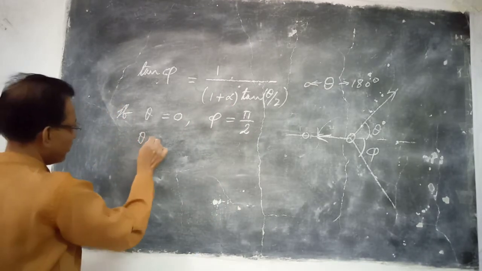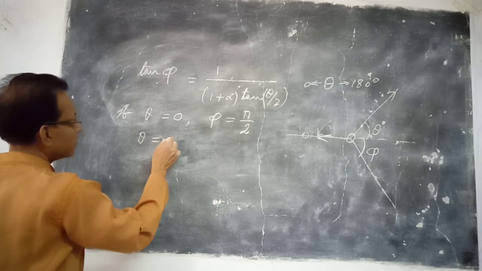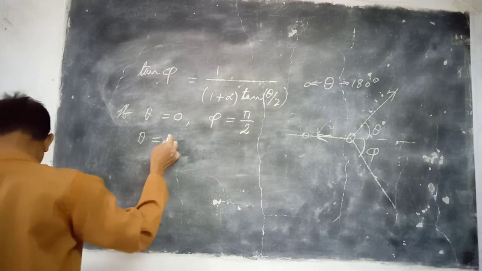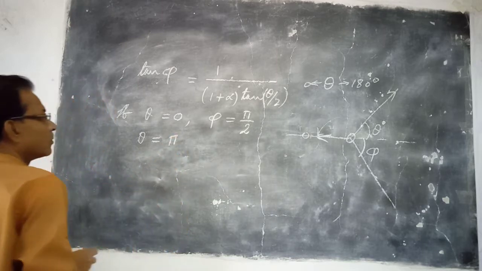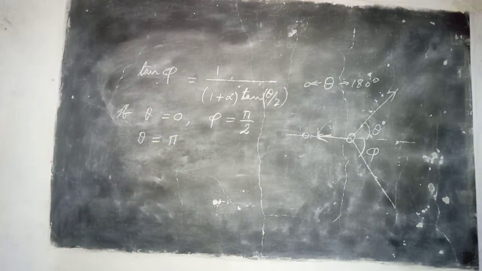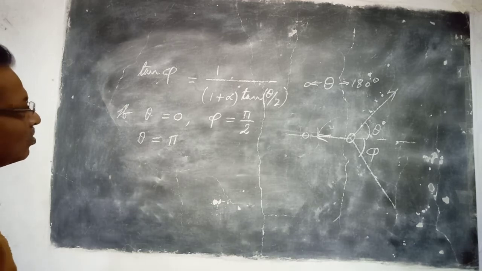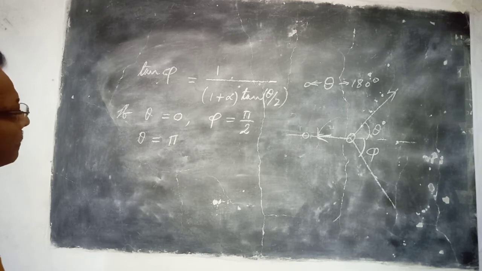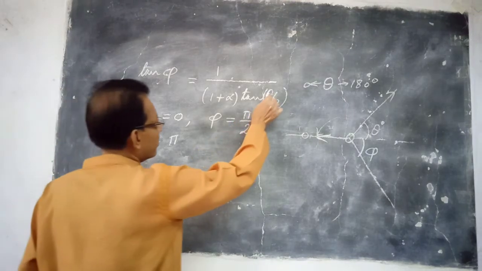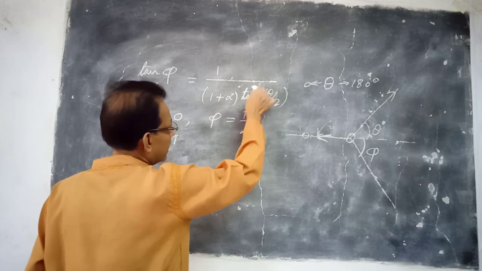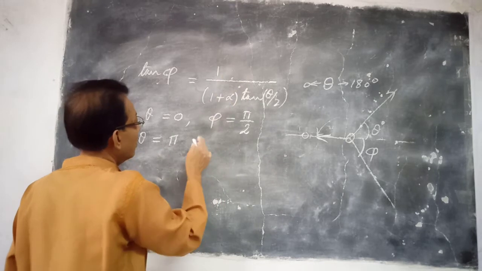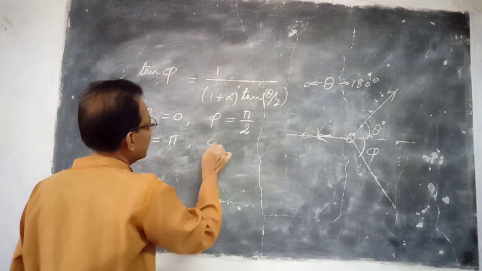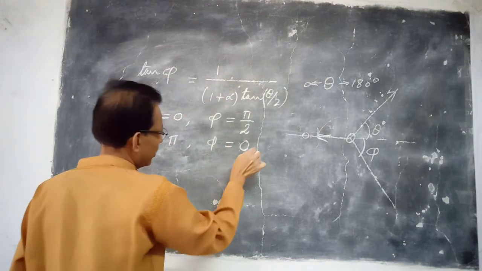And if theta is equal to 180 degrees, then theta by 2 is 90 degrees and tan 90 is infinity, so tan phi equals 0, and in that case phi is equal to 0.